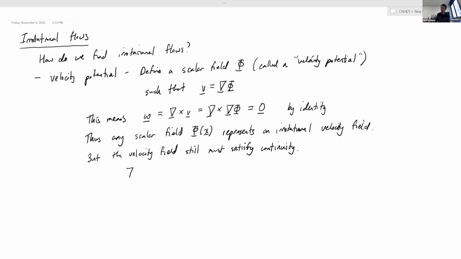Now the continuity equation obviously is del dot v is equal to 0. Okay. And so what that means is del dot gradient of our potential, or another way of writing this, I don't know what's going on with my pen today, I'm sorry.